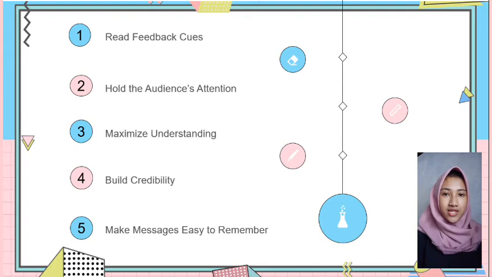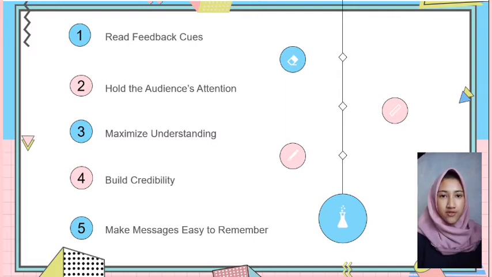The third point is maximize understanding. Understanding involves comprehending or knowing about an object, idea, concept, or process. In essence, you want the audience to comprehend and share the same understanding. Fourth is build credibility.